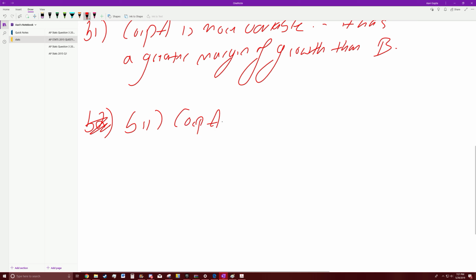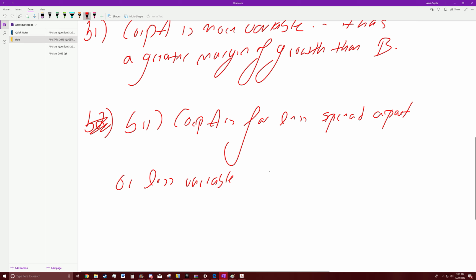Corp B is far less spread apart or less variable than Corp A. Corp A is much more variable.